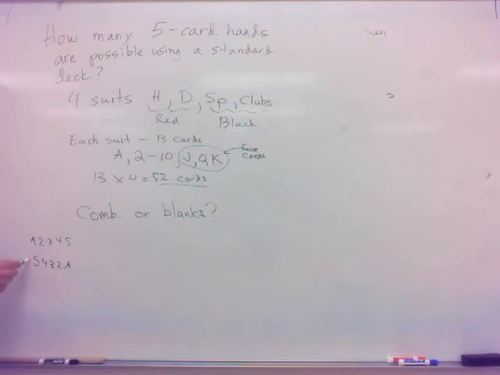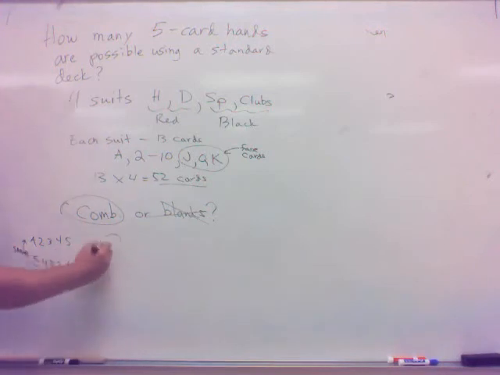Is that a different hand? Same hand. Doesn't matter the order. Order doesn't matter on hands of cards. So what does that tell me? It's a combination, just as committees are. Hands of cards will always be combinations. All right, so it's a combination.